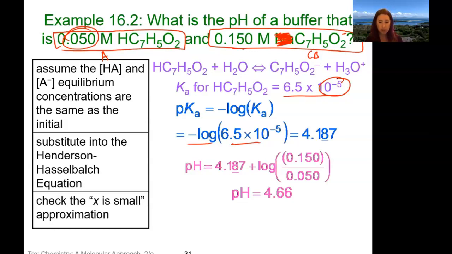If I asked you to check this, remember, if this is the pH, you can get to the hydrogen ion concentration. So if you take 10 to the negative 4.66, that's going to give you your hydrogen ion concentration, which is like 2.2 times 10 to the negative 5. That is your H plus concentration.